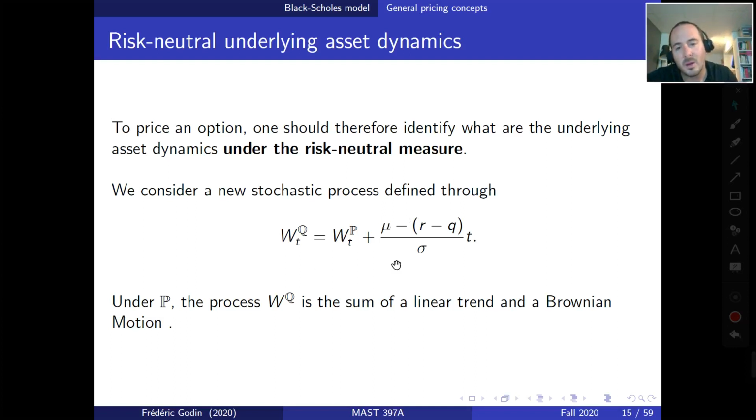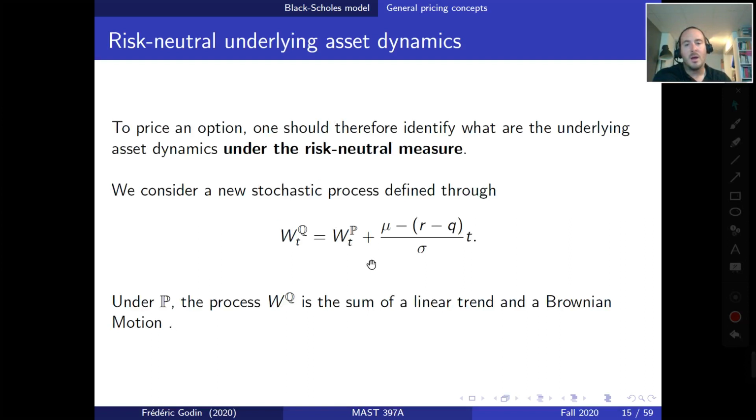Okay, so we have a Brownian motion under P, and we can offset the values of this Brownian motion by these constants. Okay, so for each different t, the constant changes through the value of t here to define a new stochastic process. Okay, so under P, under the physical measure, this new process WQ is a Brownian motion plus some linear trend term.